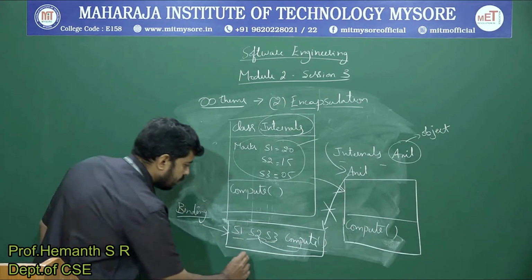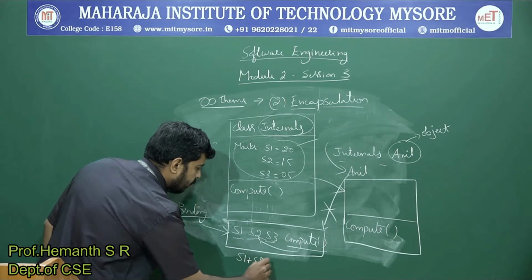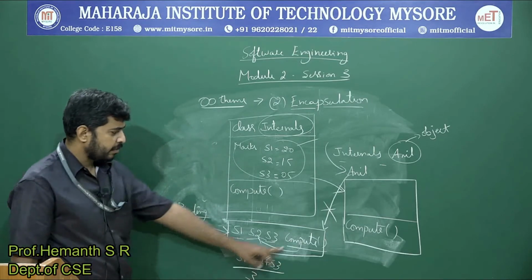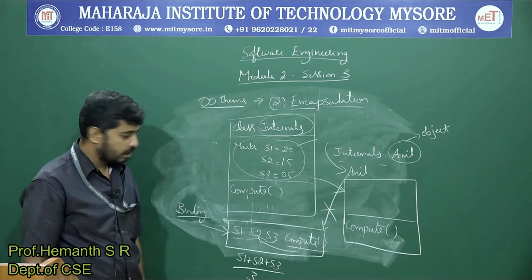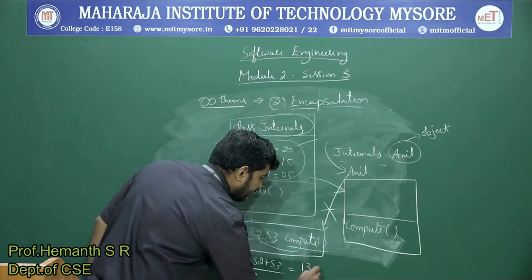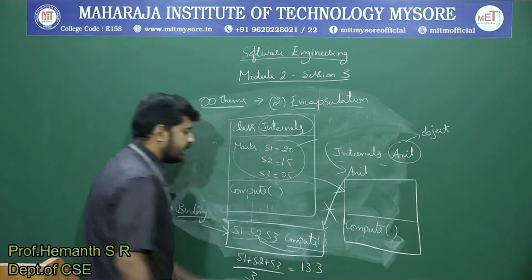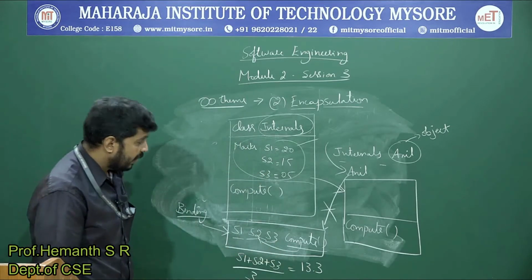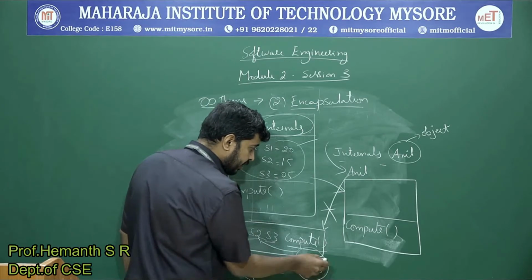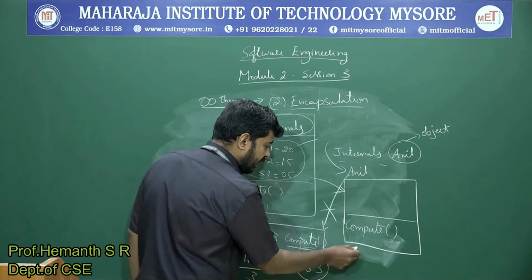So S1 plus S2 plus S3 divided by 3 is the computation done by the compute method. Once done with the result, for example, consider 13.3 is the answer obtained. The compute method will return 13.3 to the Anil object.